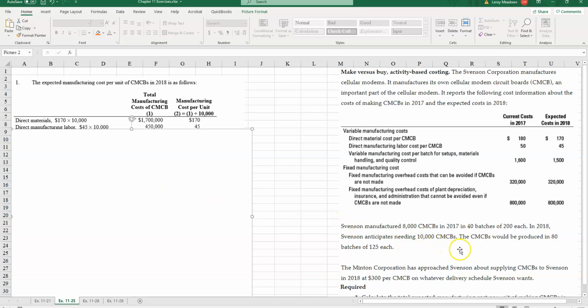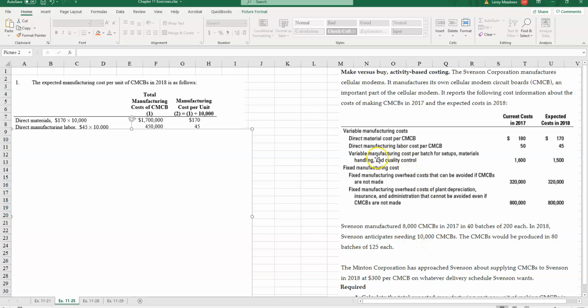Now, why am I going off the 10,000 CMCBs and not the 8,000? Because 8,000 is what we've already produced in 2017. That's not what we're looking at. We're looking at next year's needs. So if we're looking at expected costs in 2018, we want to relate that to production in 2018.